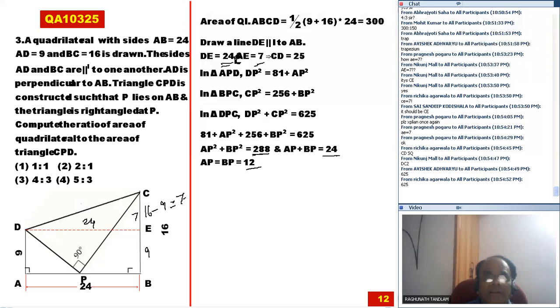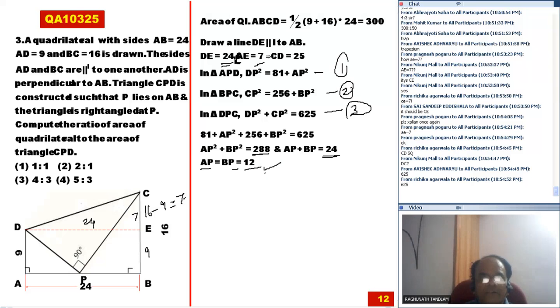Let's call these equations 1 and 2, and this is 3.